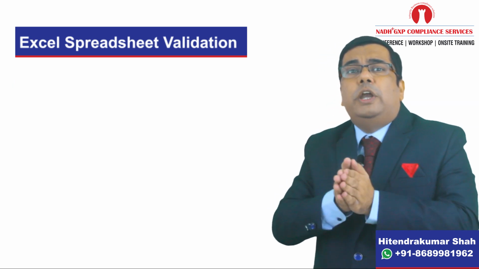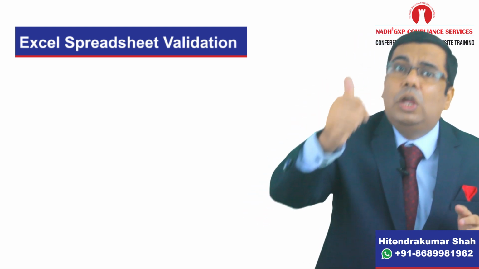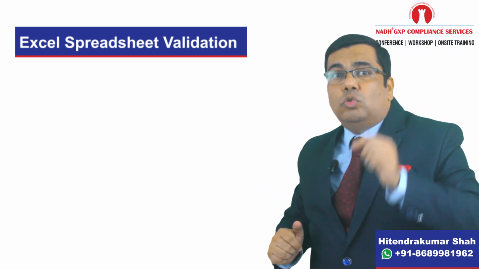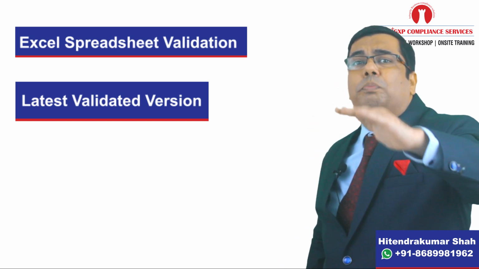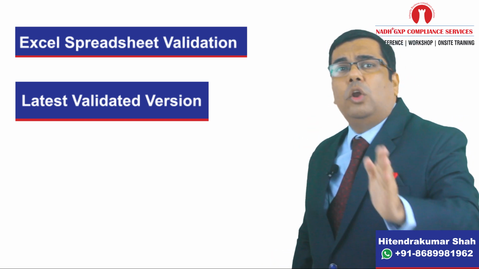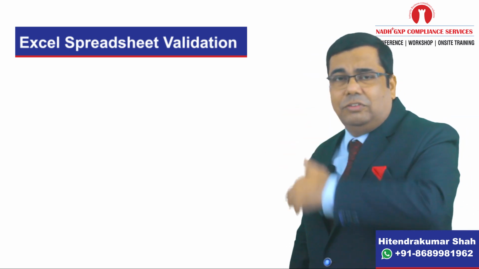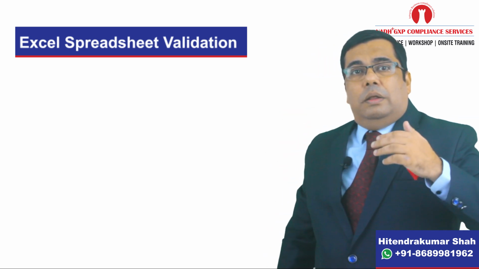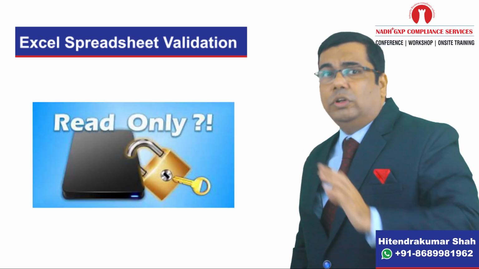After this, a very important point we need to focus on is the security of the spreadsheet, so as to ensure the latest validated version of the spreadsheet is being used and there are no unauthorized modifications. So how can we do this? Let us discuss those points. The Excel spreadsheet should be provided with read-only access rights for the end users.